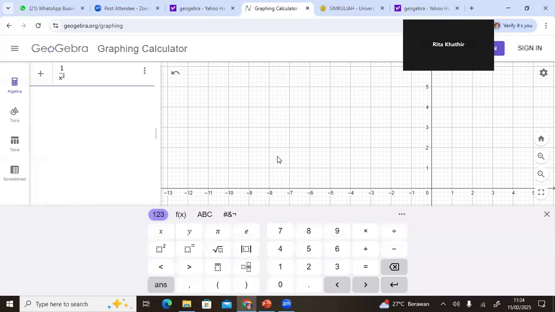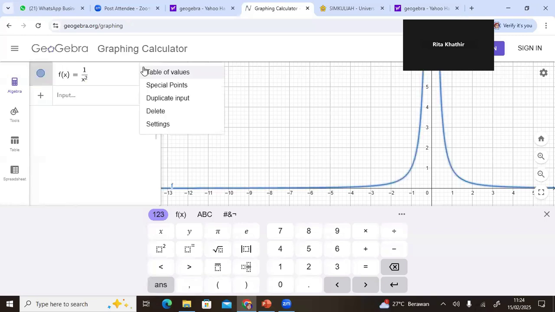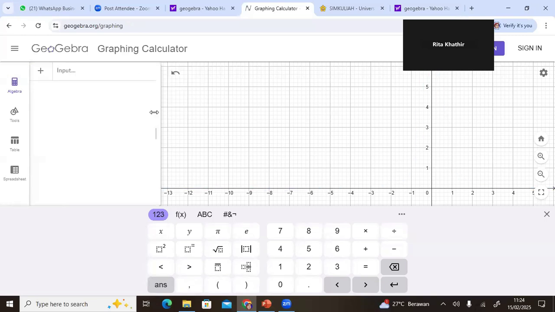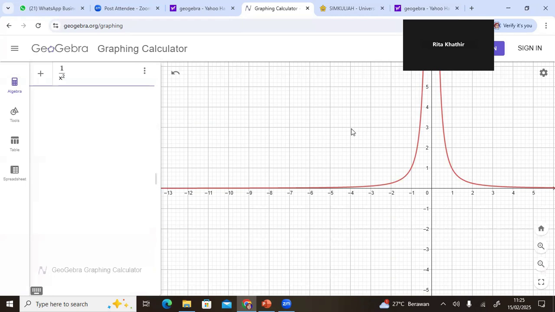Okay, I will repeat again. I will delete it in the input. Make an expression, for example, 1 over x and then square. So you will have this chart directly.